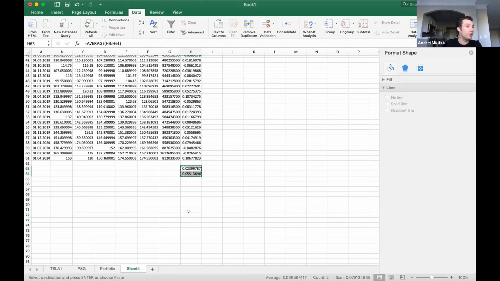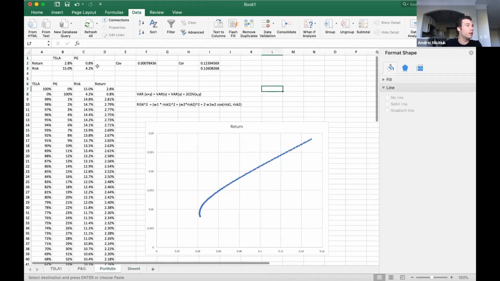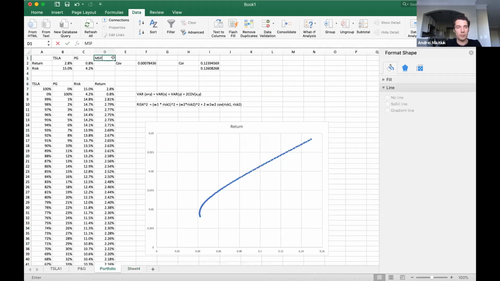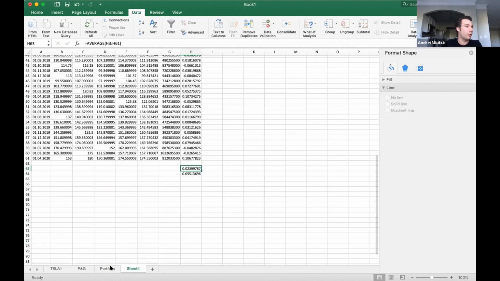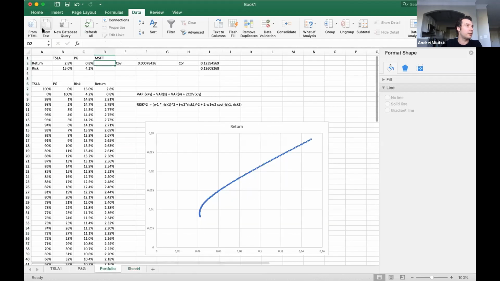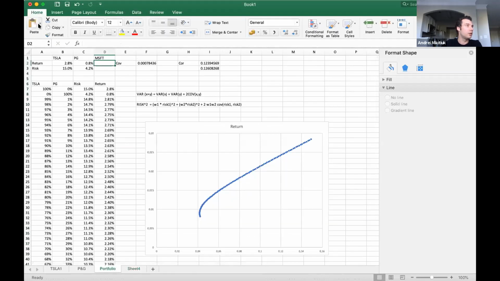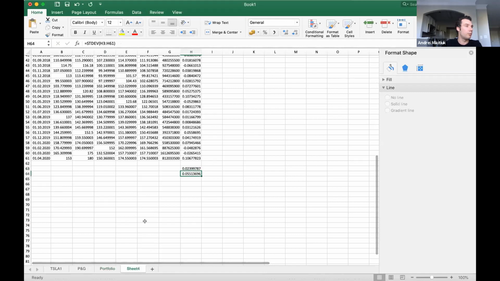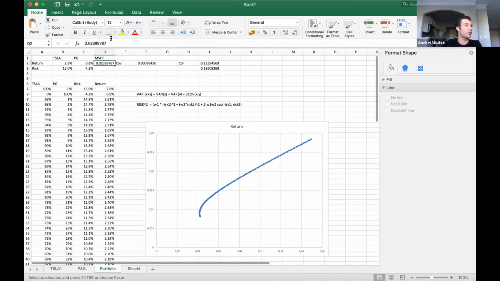We have 0.23% as a return, and we have 5% risk.